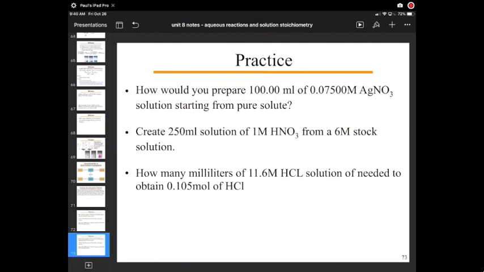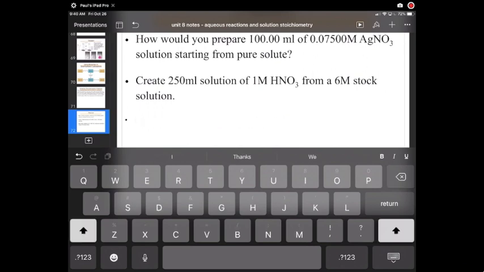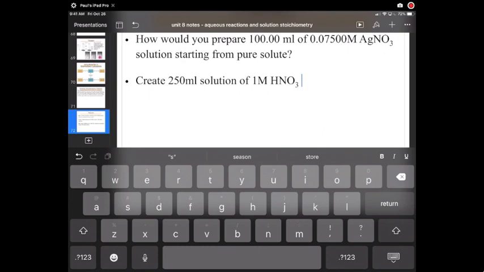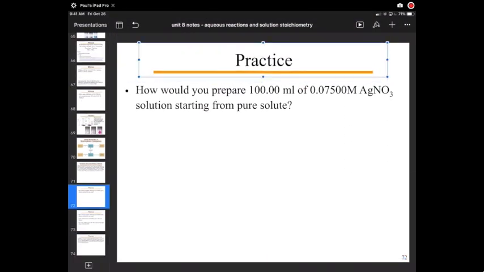Okay, there's a lot of words there, right? What am I actually asking you to do? What would you start with? If you're going to make a solution from pure solute, the water is a solvent, the solute is silver nitrate, which comes in a bottle, which is a solid.